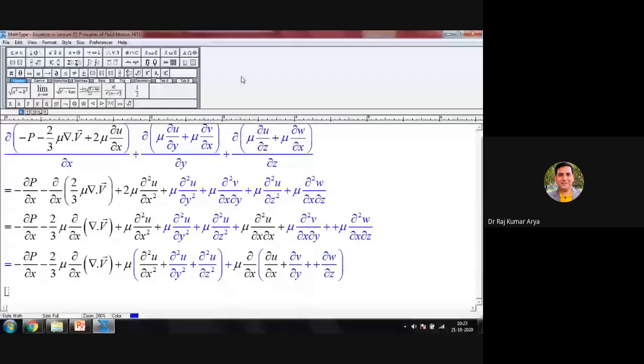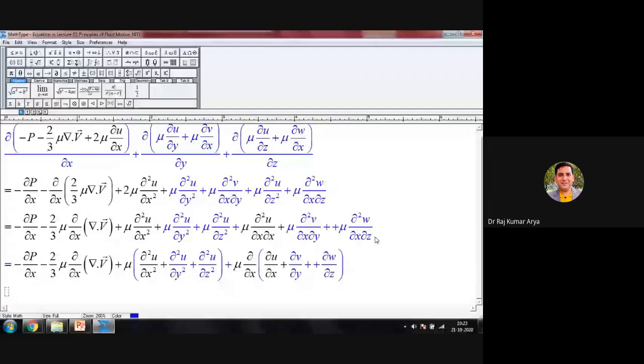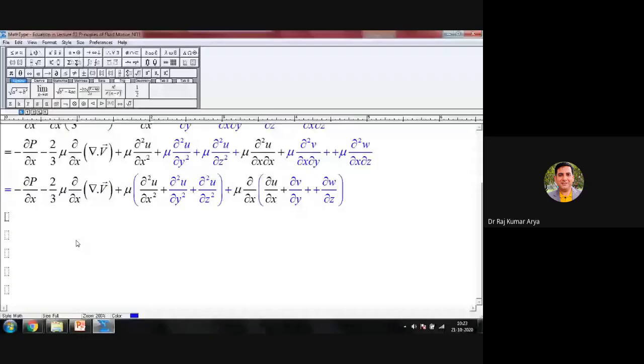Does anyone remember what the continuity equation is? Any volunteer for that? What should I write for continuity?